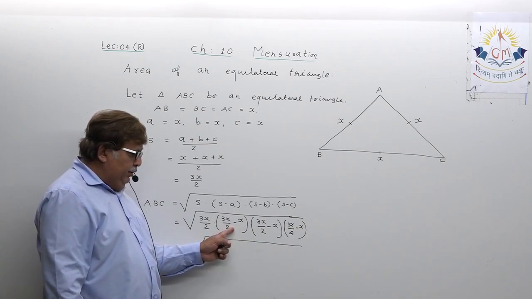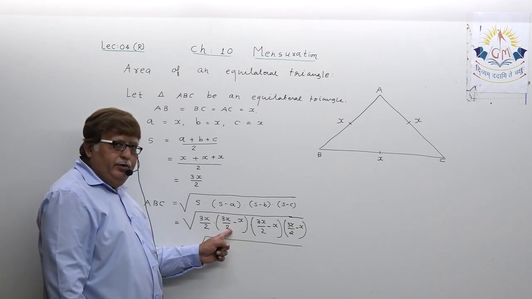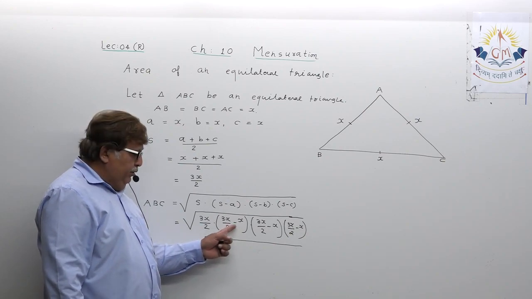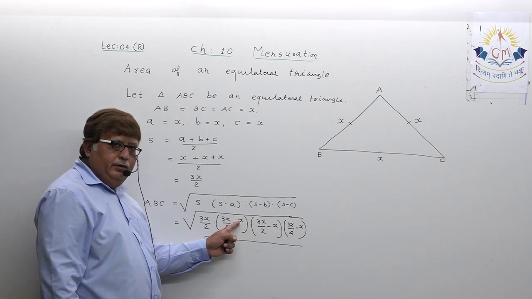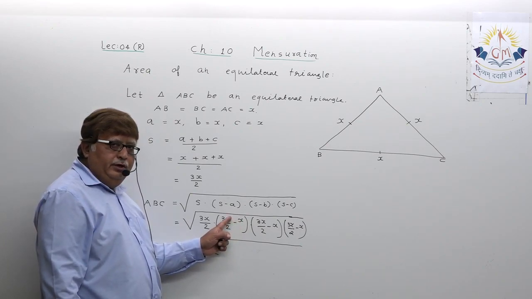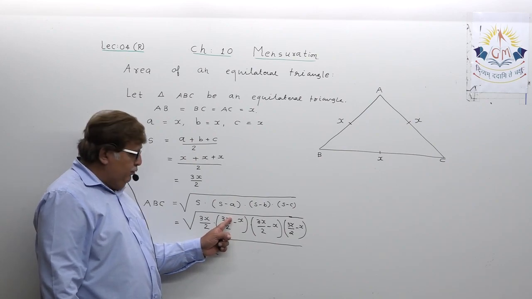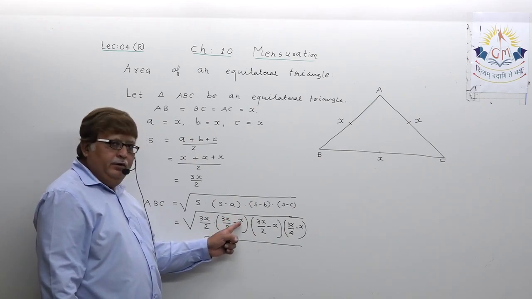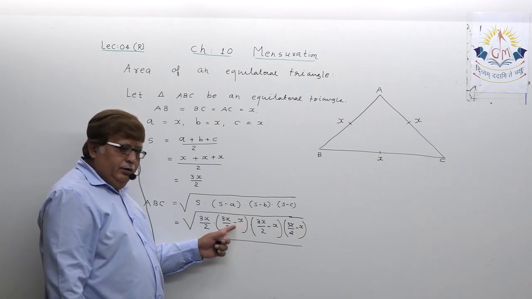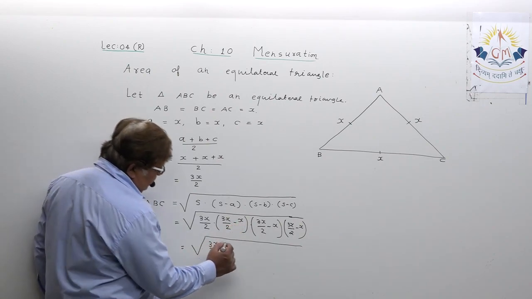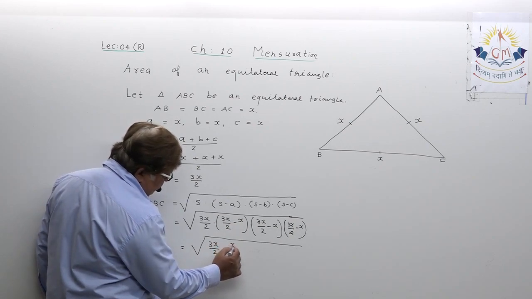As you are going to solve this bracket, if you just take LCM, 2 will multiply here. So what will be in the numerator? 3x minus 2x upon 2. I am writing it directly, x upon 2.